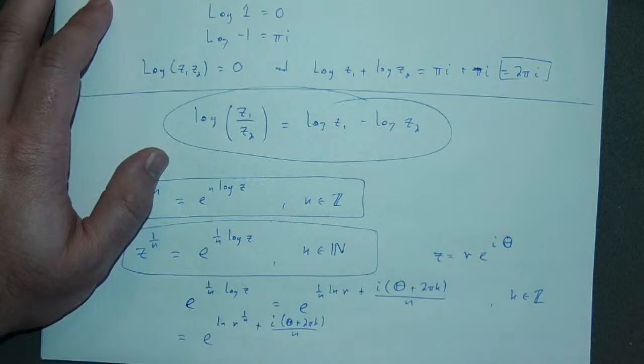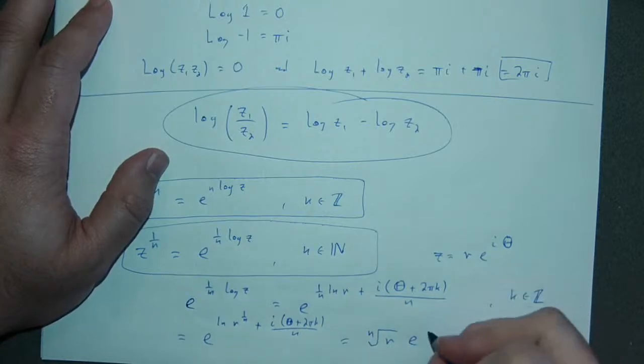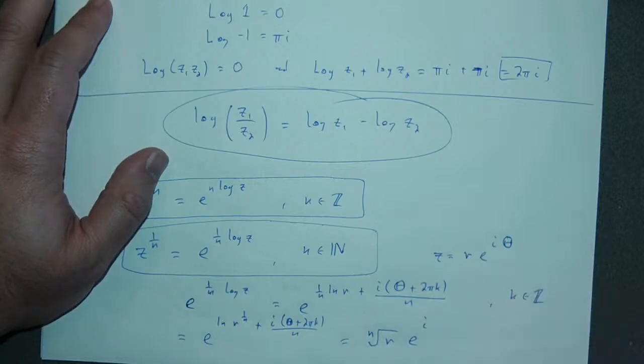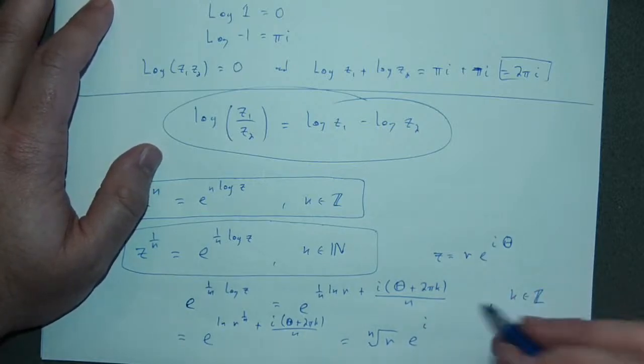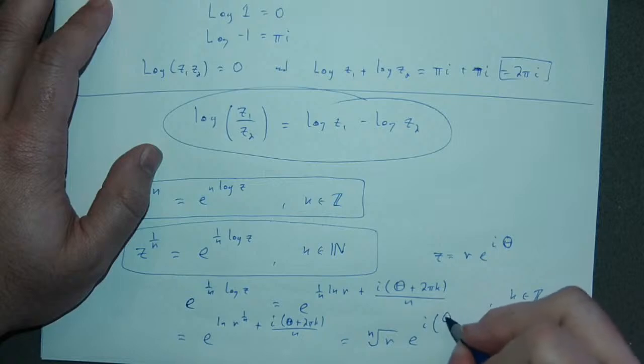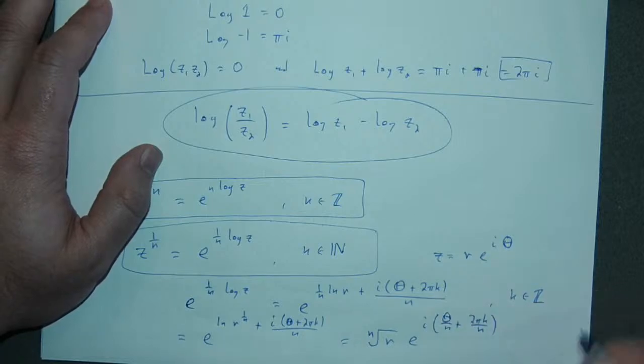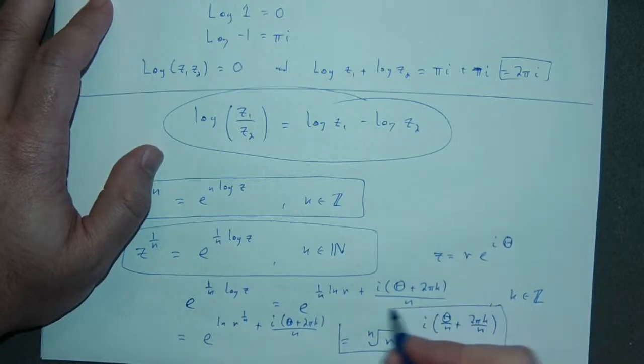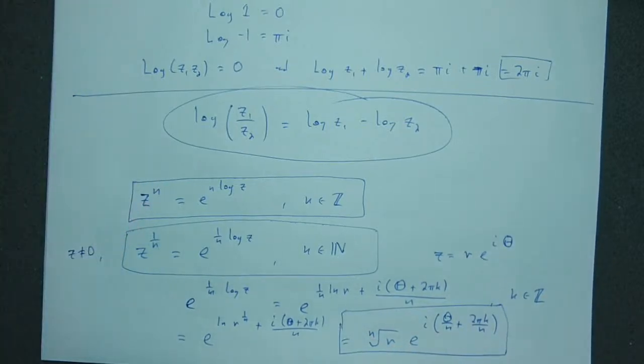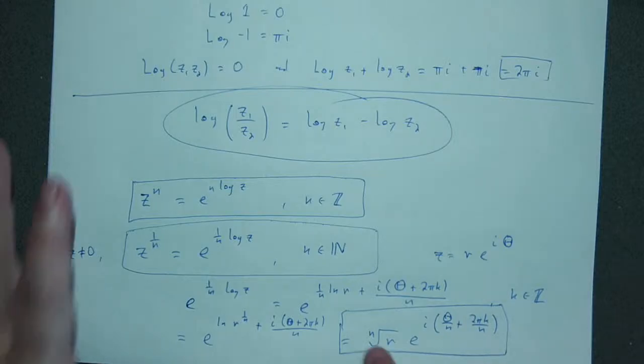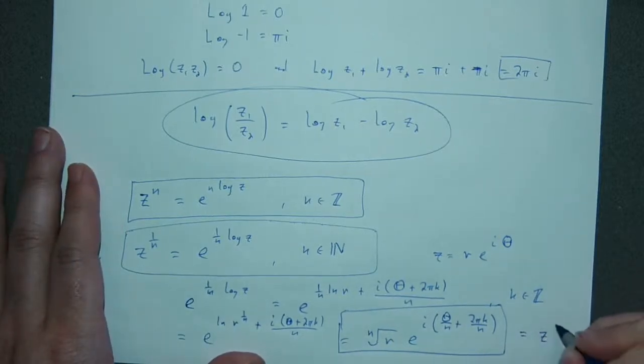But now splitting this up using the exponent rule, this is e to the natural log of r to the 1 over n. That's just r to the 1 over n, which is the nth root of r, right? So this is the nth root of r times e to the i times big theta over n plus 2 pi k over n, where k is some integer, n is some natural number. But what is this? This is exactly the nth roots of z.